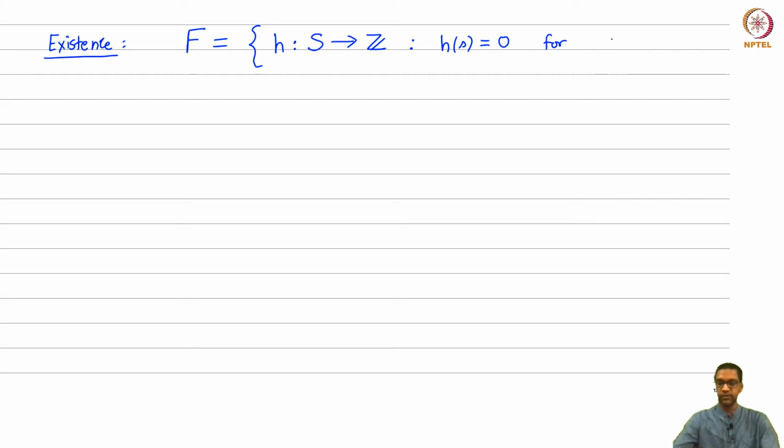So I'll put the condition, it's called finite support, that h of s should be 0 for all but finitely many values of s. Okay, so outside this finite subset of S, for all the other values of s, h of s is 0. Okay, so it's functions of finite support from the given set S to the integers.